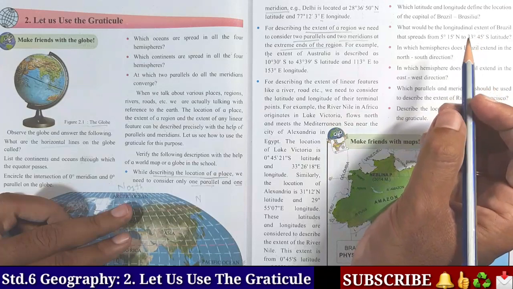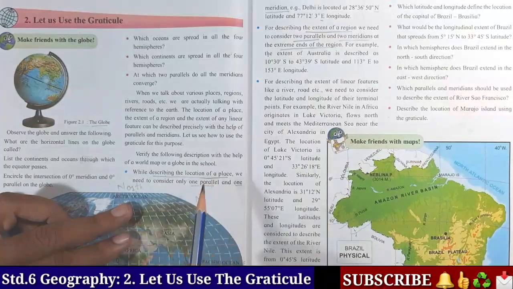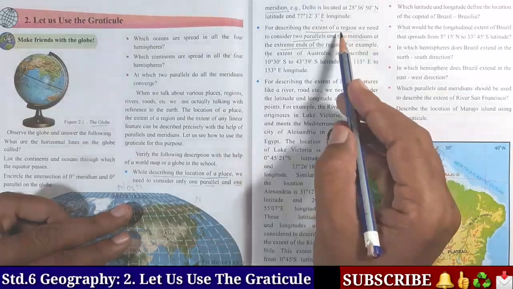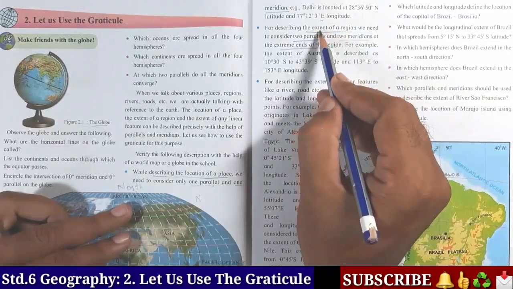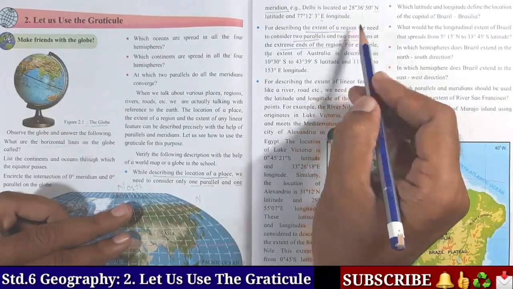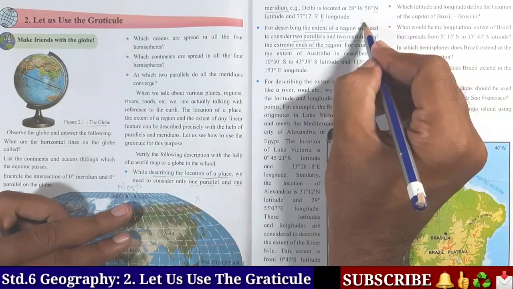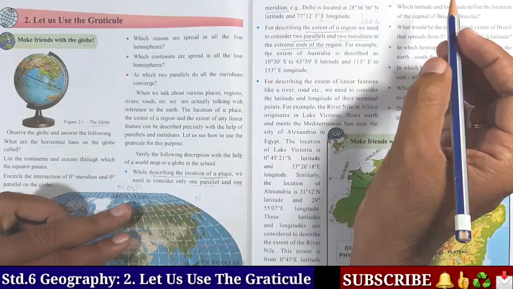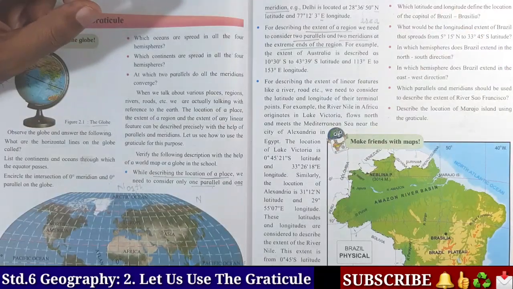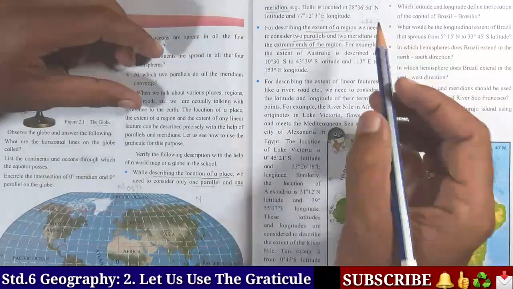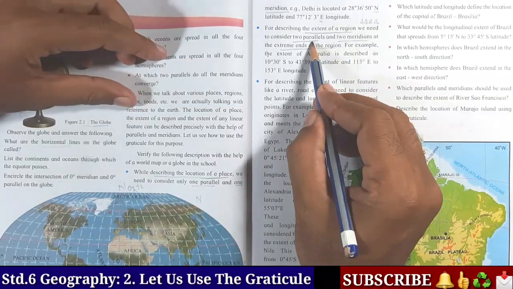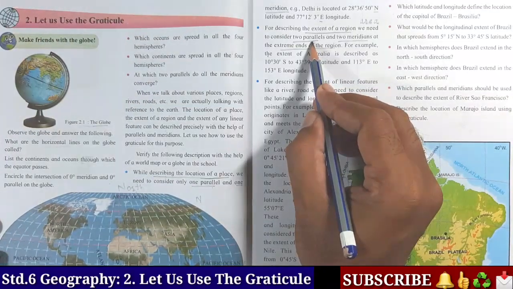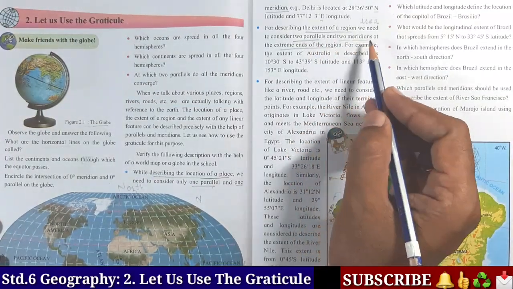Okay students, while describing a location one parallel and one meridian can be used only, but if you want to describe the extent of a region, extent means what students? Extent means the area. Extent of a region means area. If you want to describe the area of a region, then two parallels and two meridians need to be considered.